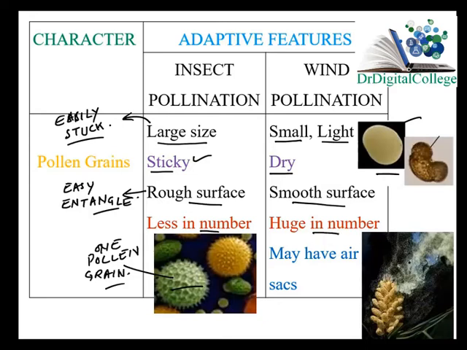Look at this. This is the dust of pollens. Okay, the dust of pollens is such that a huge number of pollen grains are released because the majority of them will be wasted. That's why they are produced like a dust. And they may have air sacs. Look at this. This is the air sac.